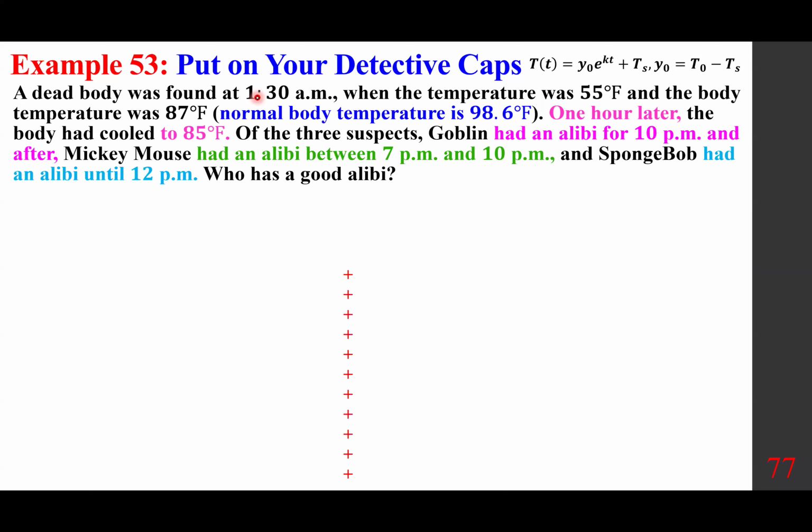At t equals 0, which means at 1:30 a.m., we measure the temperature, and the surrounding temperature is 55 degrees. You have to measure that. You have to check it. So this is the surrounding temperature. We measure the temperature for the body, and it's 87 degrees. So T of 0 or T sub 0 for the body is this one, 87 degrees.